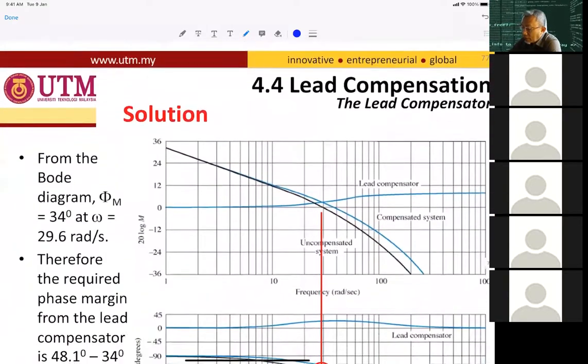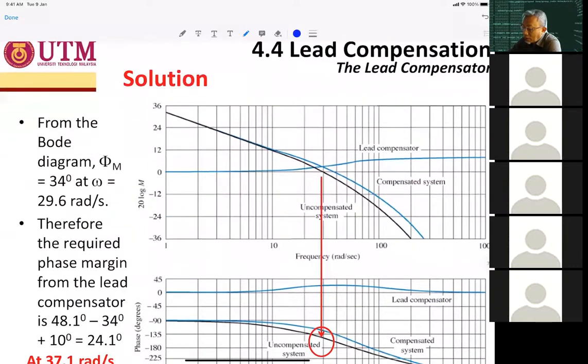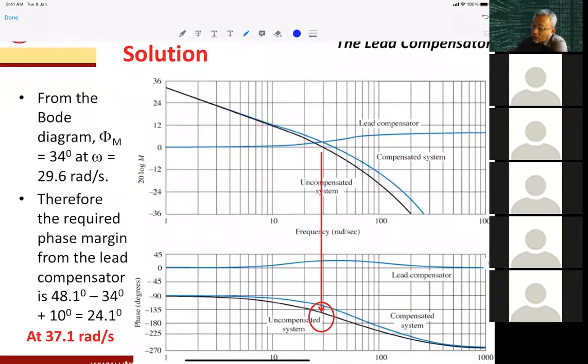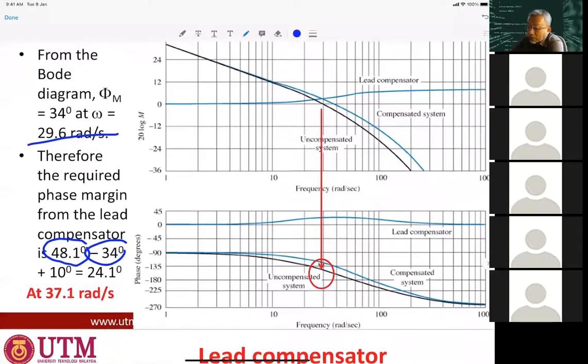From the Bode diagram, you can see the phase margin is 34 degrees at 29.6 radian per second. Therefore, the required phase margin is 48.1 degrees, which is the targeted, minus 34, which is from the measurement from the Bode diagram, and then plus 10 degrees.